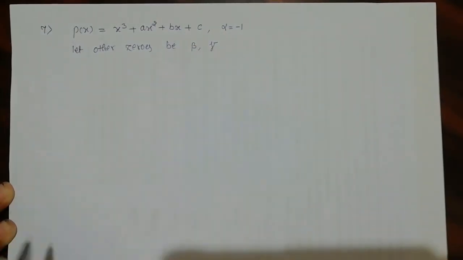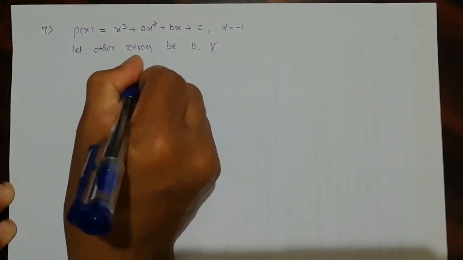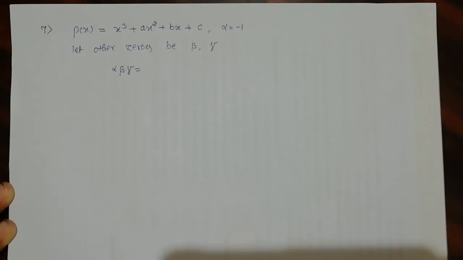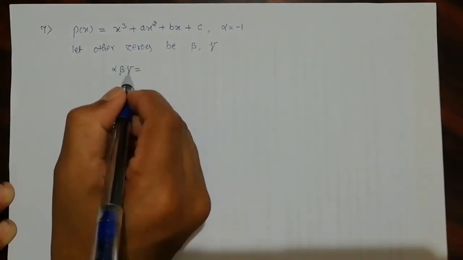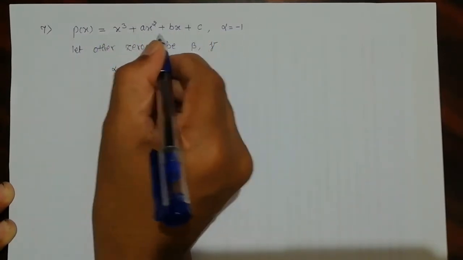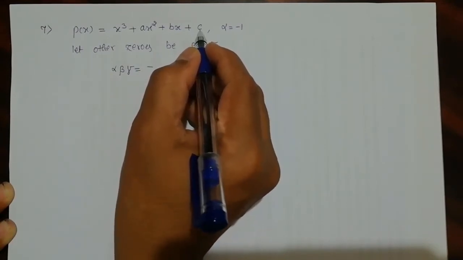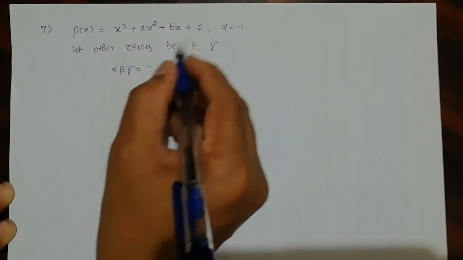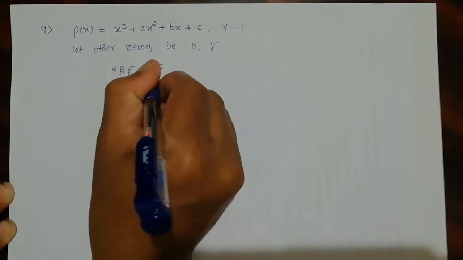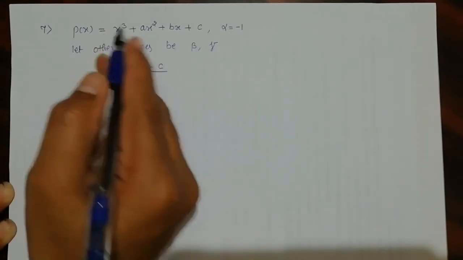For this I'm going to consider the product of zeros, alpha into beta into gamma. According to the formula, the product of zeros in the case of a cubic polynomial is minus the constant term divided by the coefficient of x cube. The constant term is c here, and the coefficient of x cube is 1.